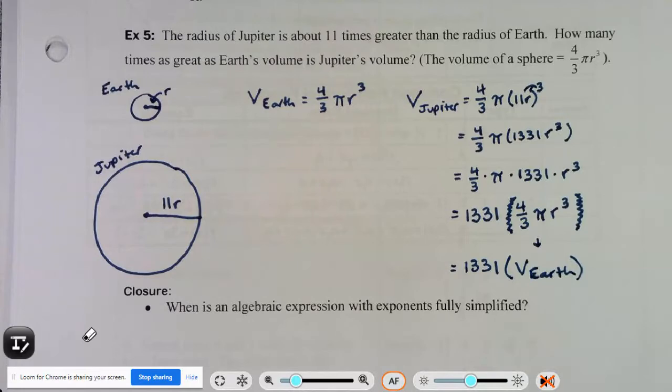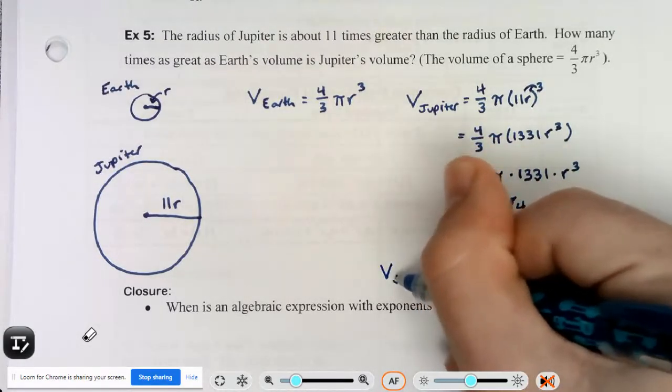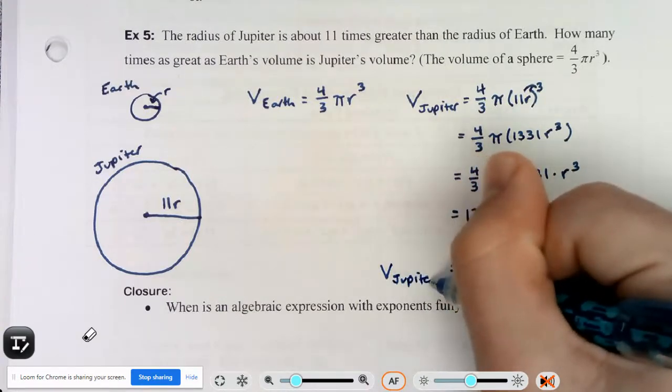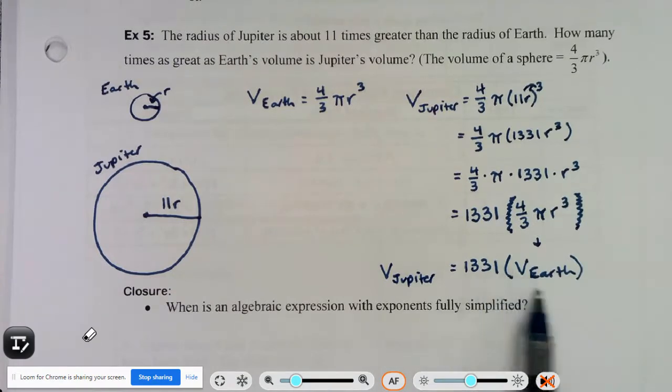That's what that expression represents. And the volume of Jupiter is what we've been solving for this whole time. So this is saying that the volume of Jupiter is equal to 1,331 times the volume of Earth.